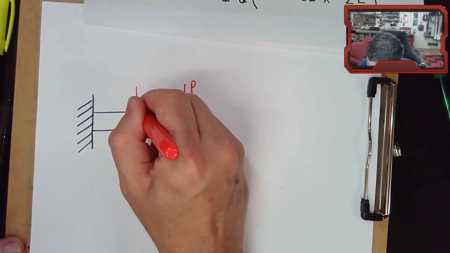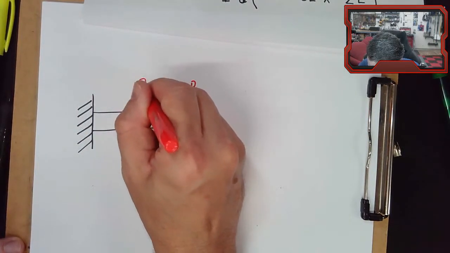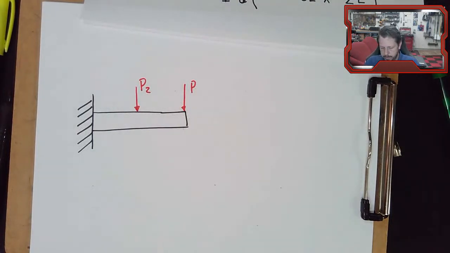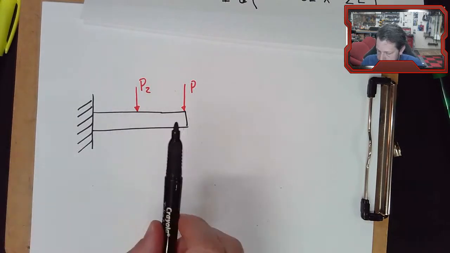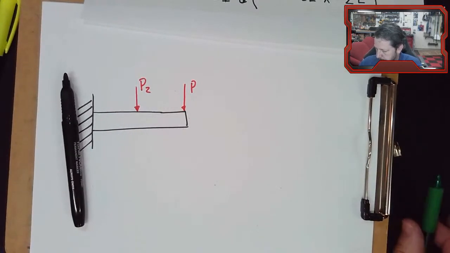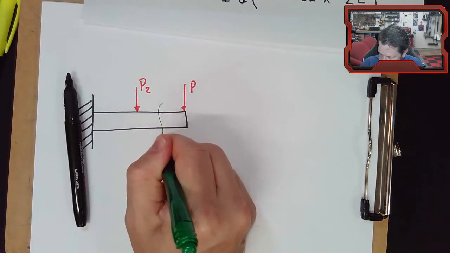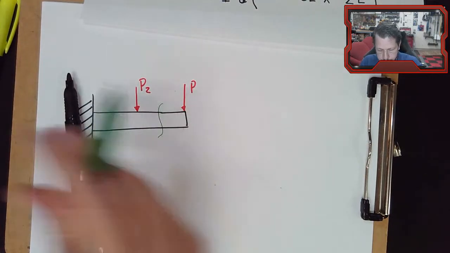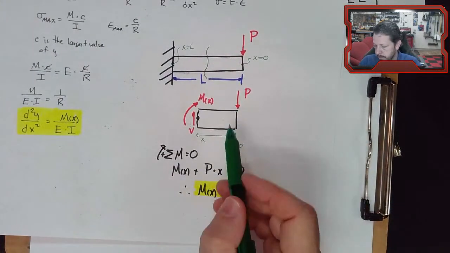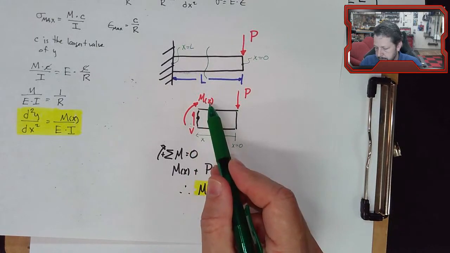But if we do this, now that equation is not going to work any longer. You know, if we drew this free body diagram, and drew this, it would look like this. M of x would be the same.